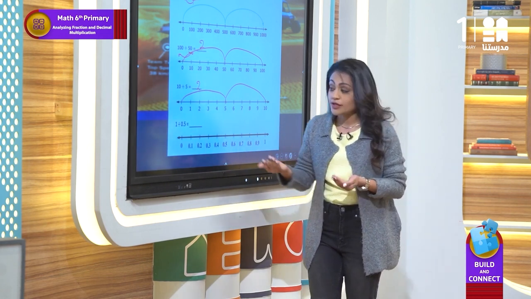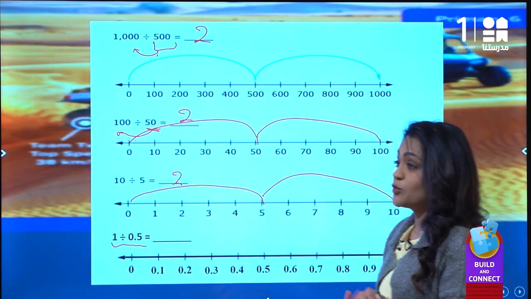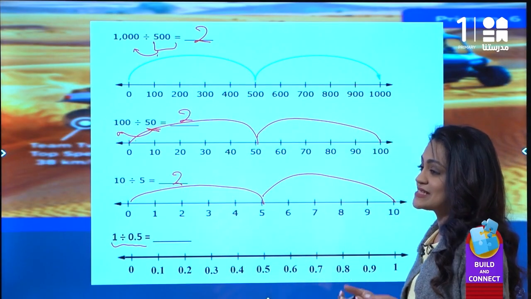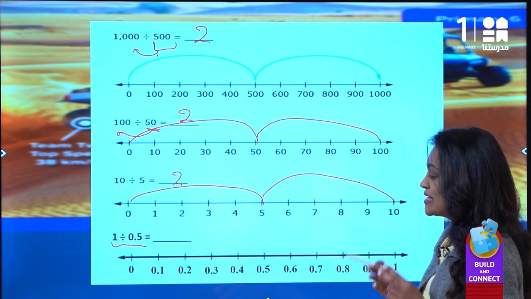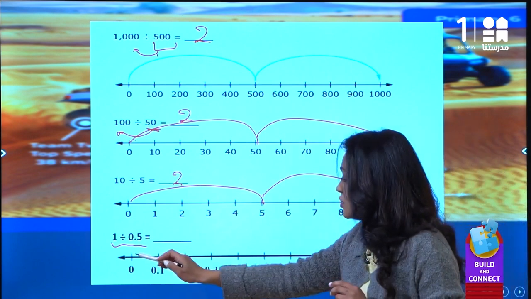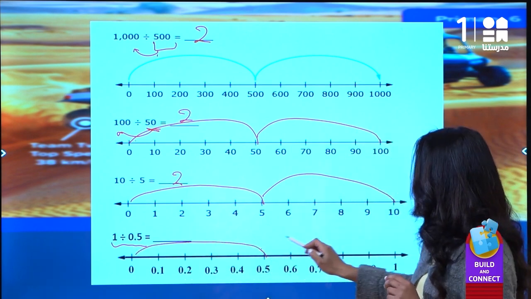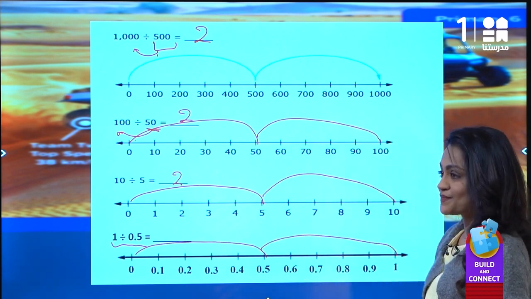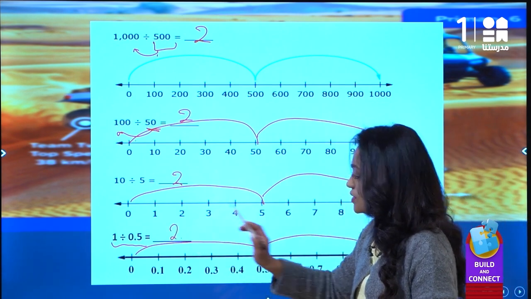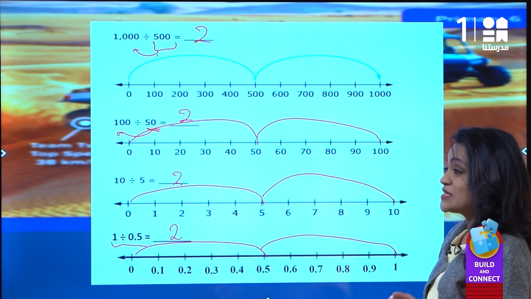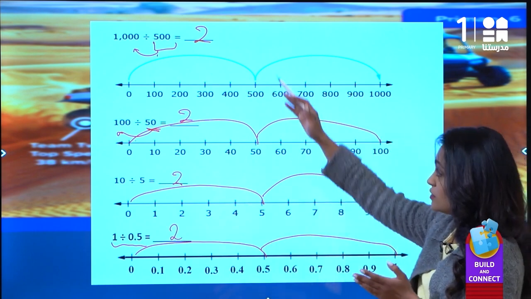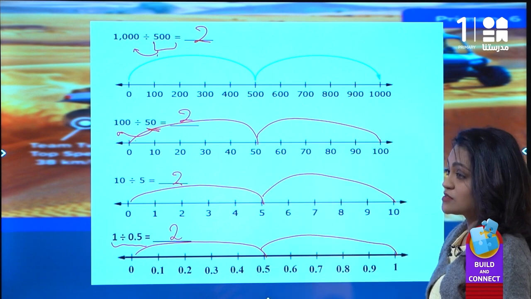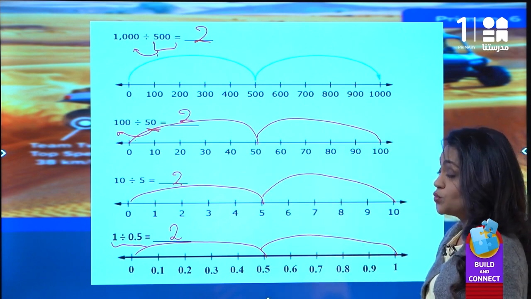To find 1 divided by 0.5, we will notice that 1 has two 0.5s. 1, 2. So it's 2.